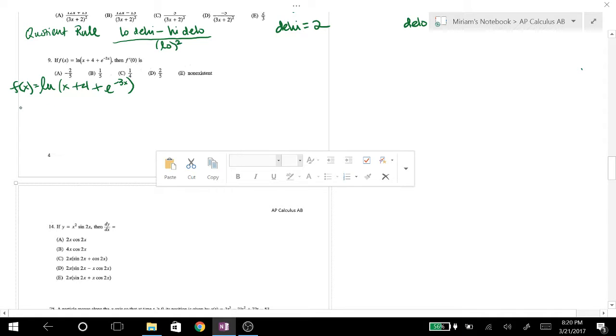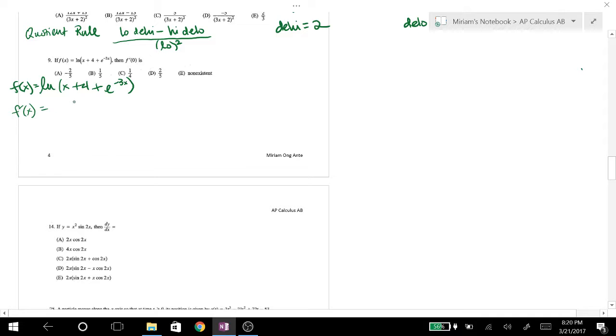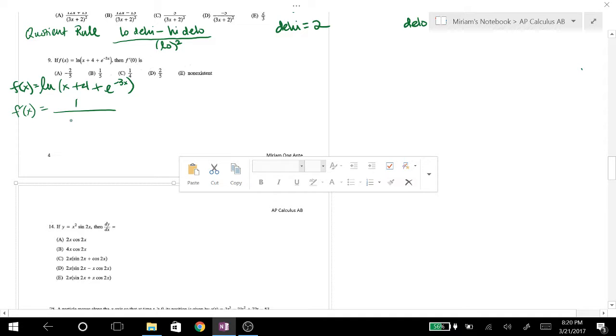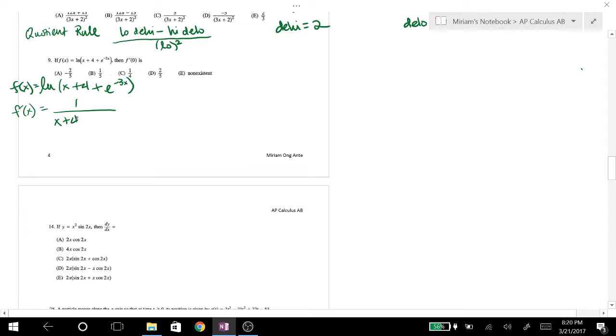The derivative of that is 1 over the entire argument, so it's going to be x plus 4 plus e to the negative 3x times the derivative of the argument inside the parentheses. So derivative of x is 1. The derivative of 4 is nothing, it's 0. The derivative of e to the negative 3x is obviously going to be e to the negative 3x, but we have to multiply it by the derivative of negative 3x, which is negative 3.